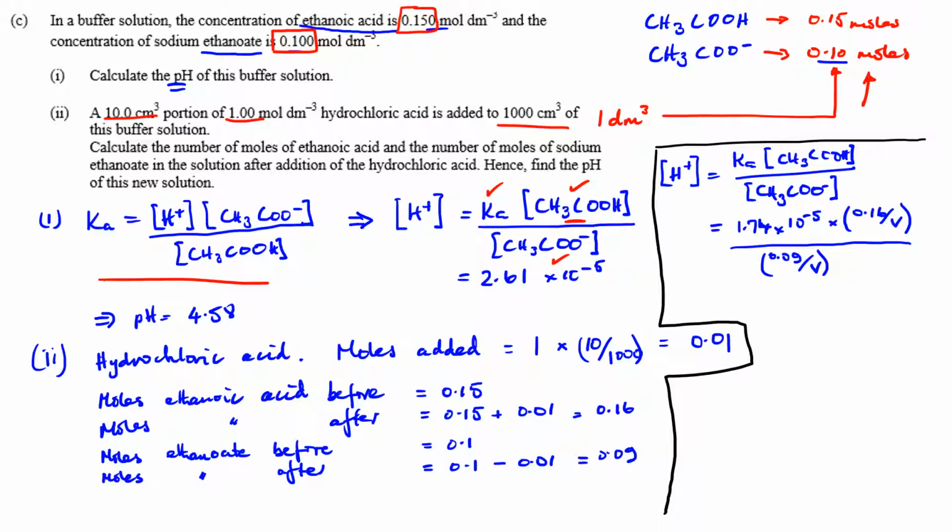As it happens, those two volumes cancel, and so we just plug those numbers into our calculator and we get a hydrogen ion concentration of 3.09 times 10 to the minus 5 moles per dm cubed, and then that's a straightforward use of hydrogen ion concentration to come up with your pH, and the pH comes out at 4.51.